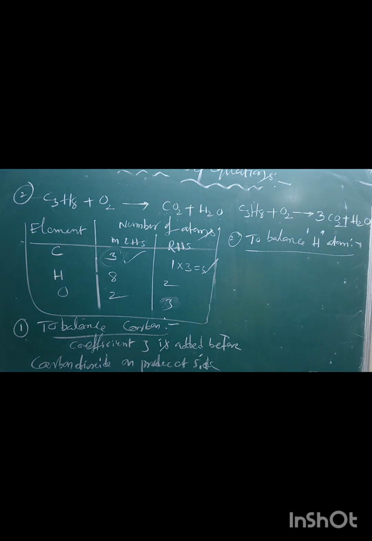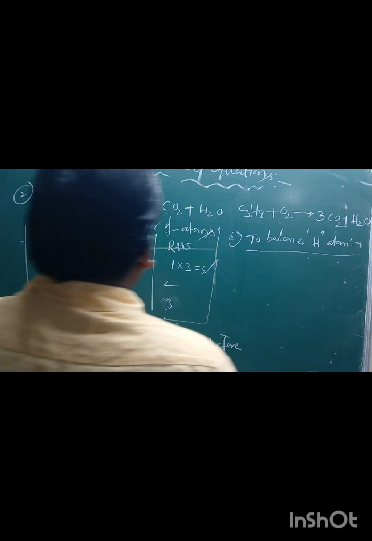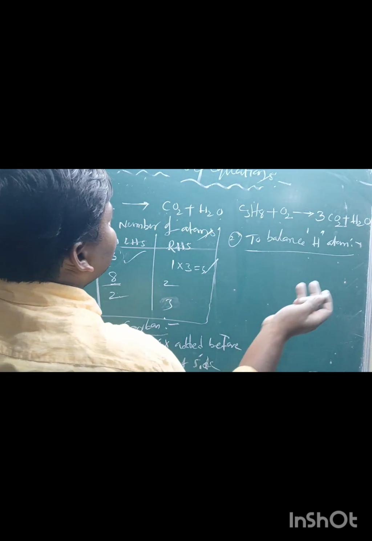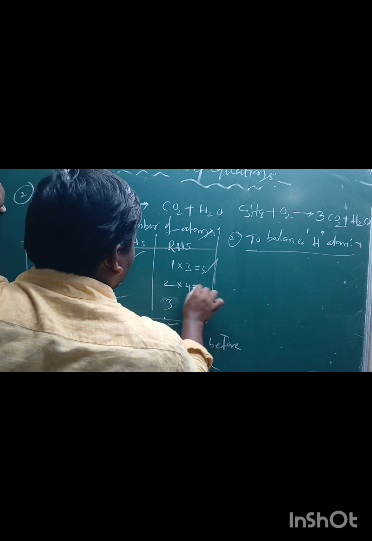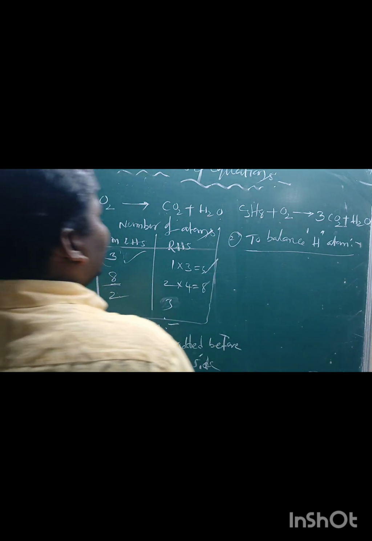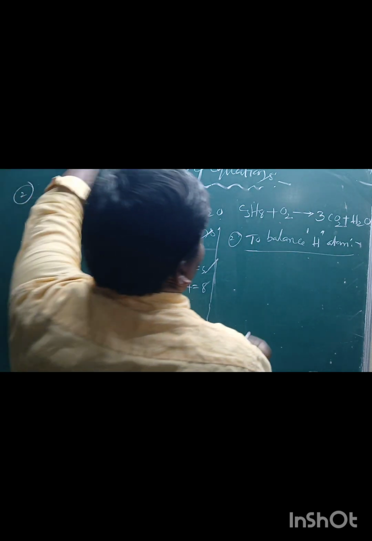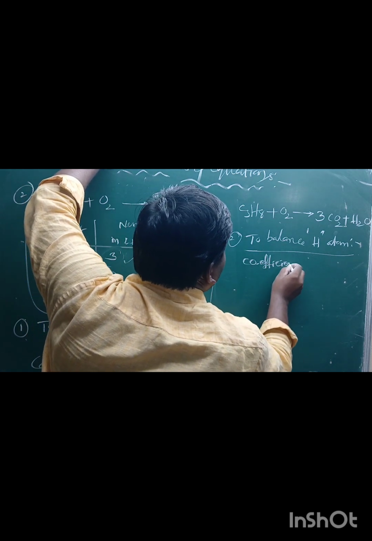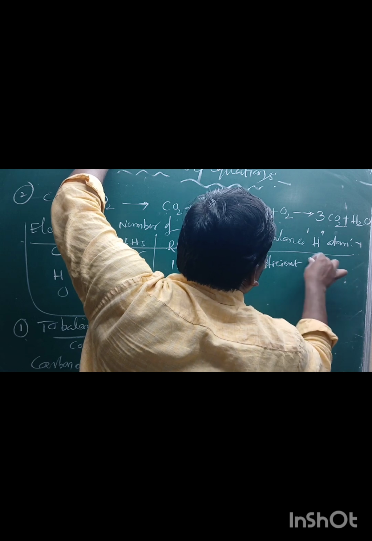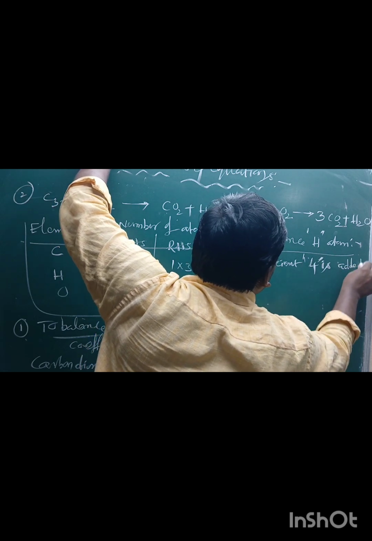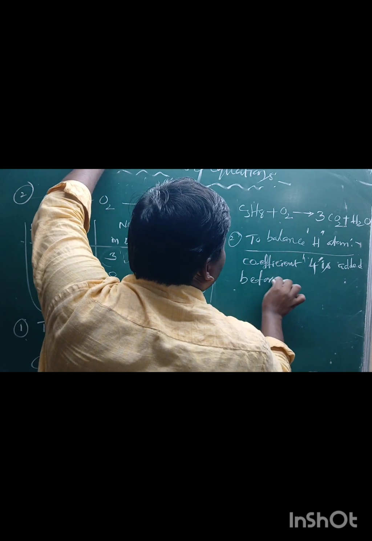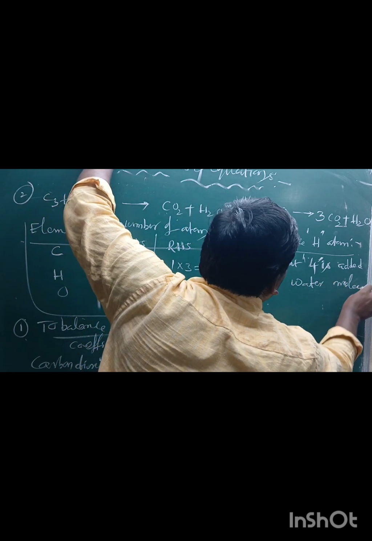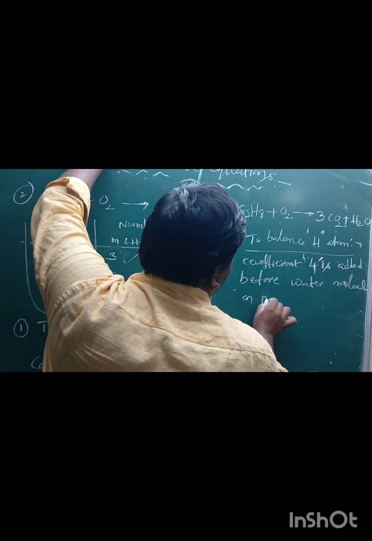To balance hydrogen atoms, here how many hydrogens are there? 8 is there. In this side 2 is there. Coefficient 4 is added before the water molecule on the product side to balance the hydrogen atoms.